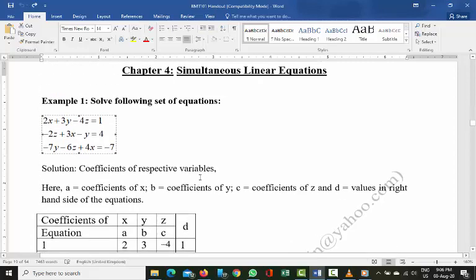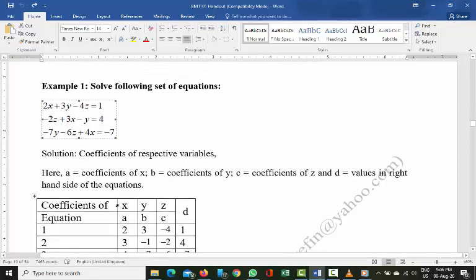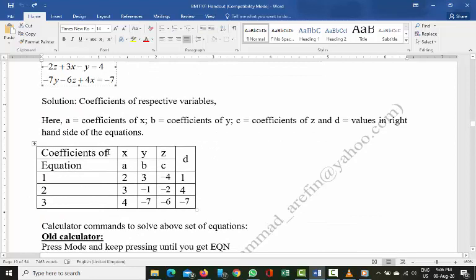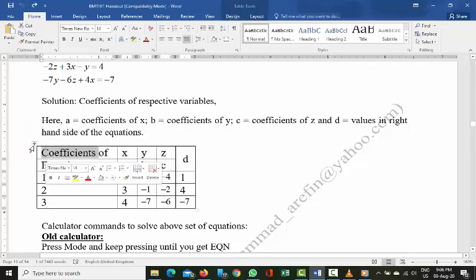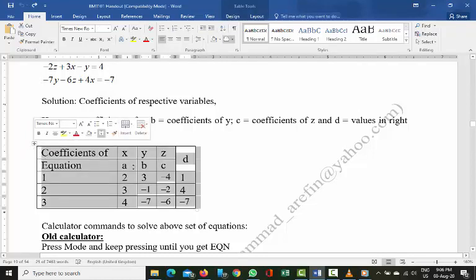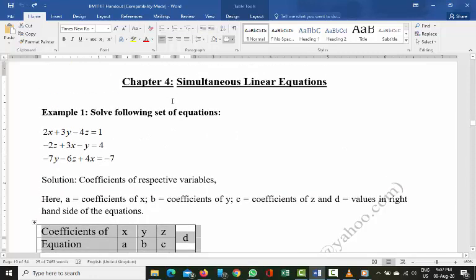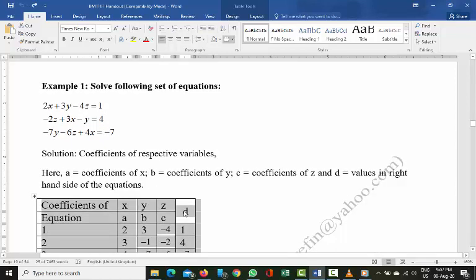First, remember, you need to get a table like that. Here we have 3 variables, x, y, and z. x will be considered as the first variable, y will be considered as the second variable, z will be considered as the third variable, and whatever value you have on the right hand side of the equations, we will consider it as d.